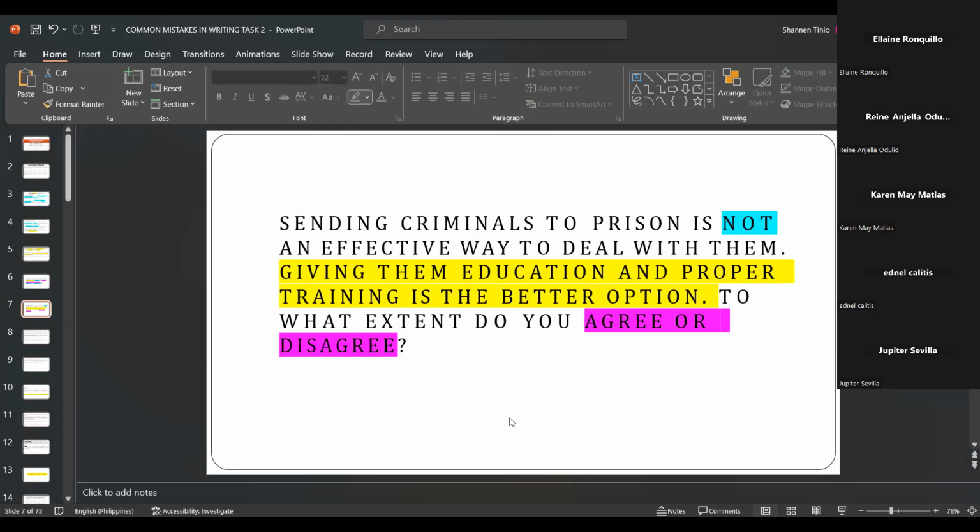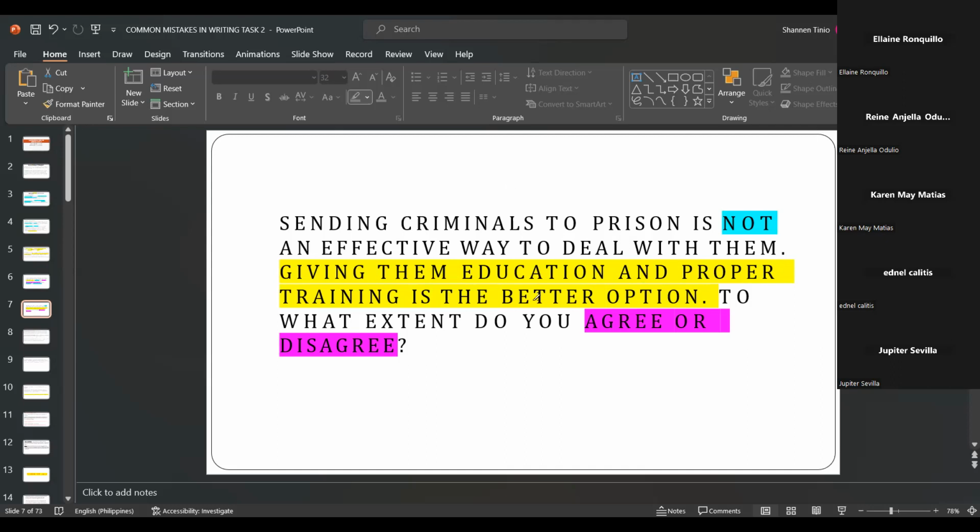Sabi kasi dito giving them education and proper training is the better option. Meaning, hindi na daw i-imprison. So I disagree. They can be imprisoned, but baka pwede nating baguhin yung sistema sa loob ng kulungan, that they can still receive education and proper training.